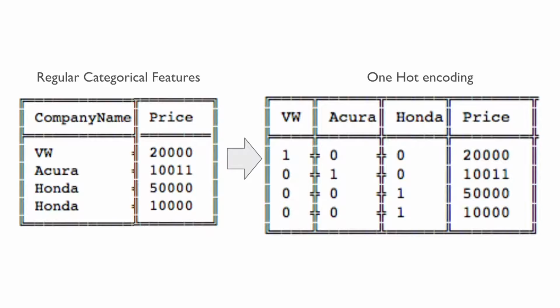So, we have 3 columns, VW, Acura, and Honda. For the row with the price 20,000, the value of the VW column is marked as 1 because that belongs to VW. Similarly, in the second row, only the Acura column is marked as 1, and in the last 2 rows, only Honda is marked as 1.